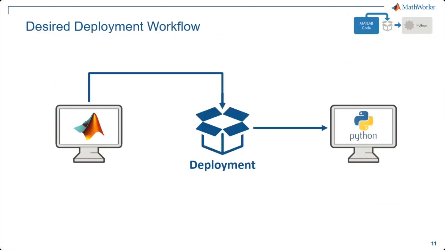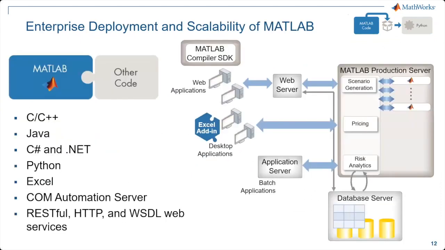Now about the deployment for Python or any other programming language. Let me show you how it works. So for deployment and scalability of MATLAB, you can bring it to production with other languages like Java, .NET, Python.